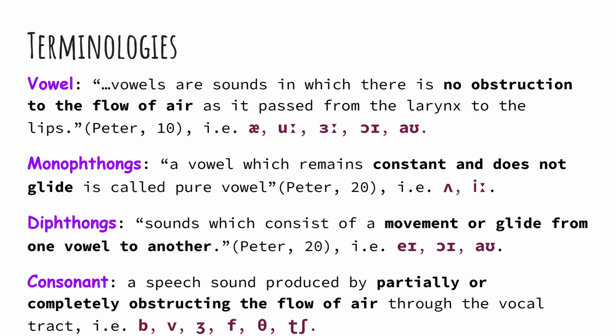The term consonant refers to a speech sound produced by partially or completely obstructing the flow of air through the vocal tract. Examples of the phonetic alphabet are b, v, r, f, s, ch.